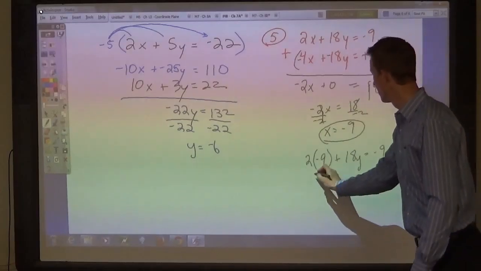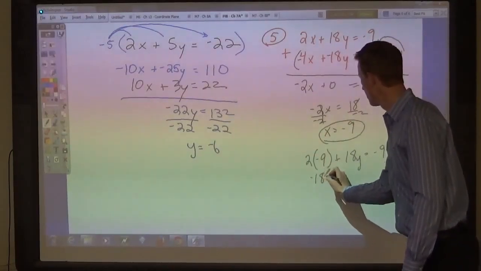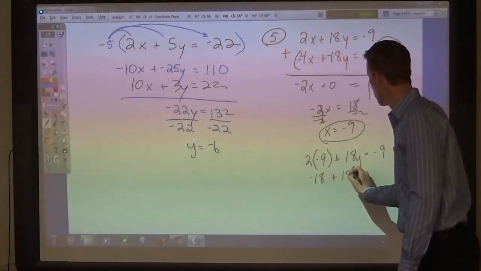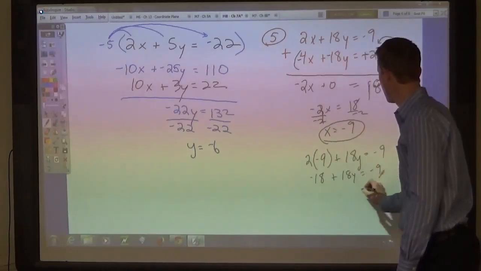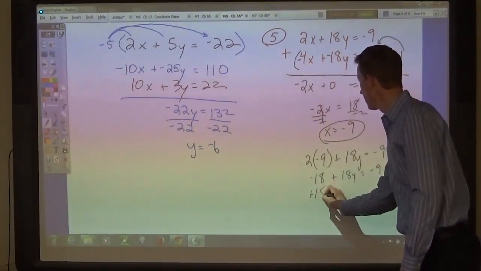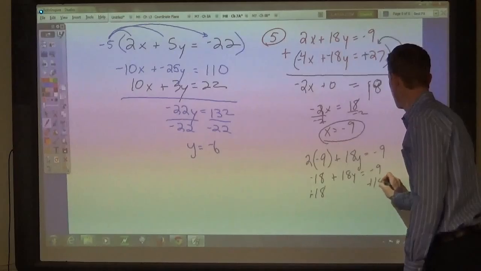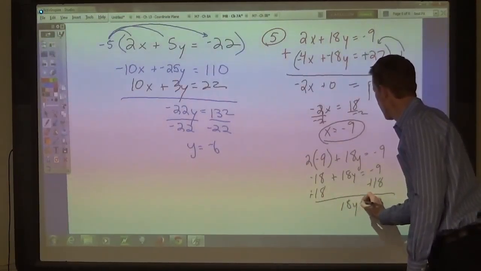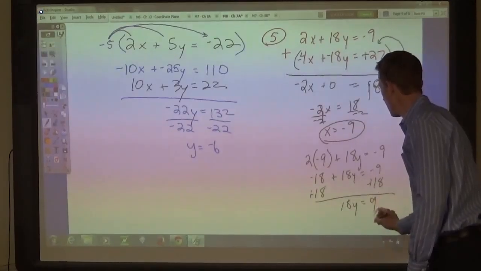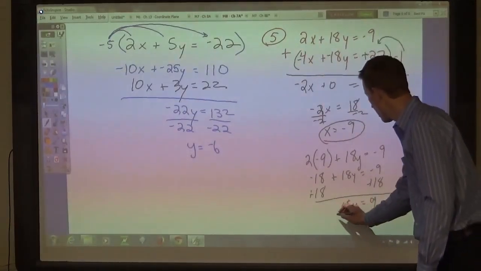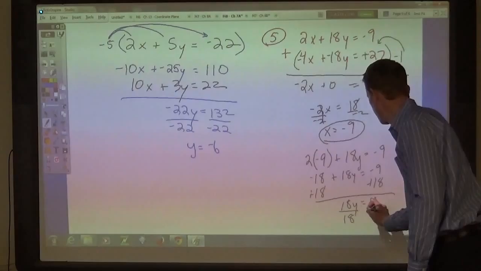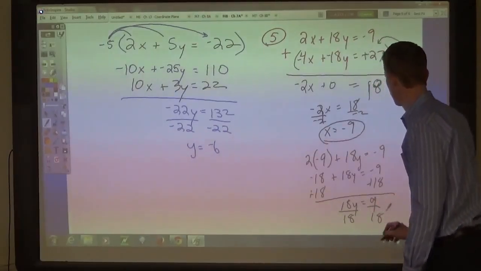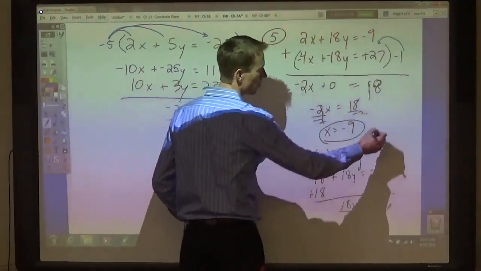So negative 18 plus 18y equals negative 9. Add 18, so 18y equals 9. y equals 1/2, right? Because this makes a lot of sense.